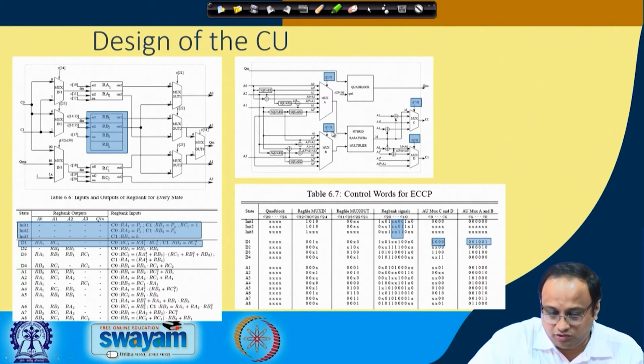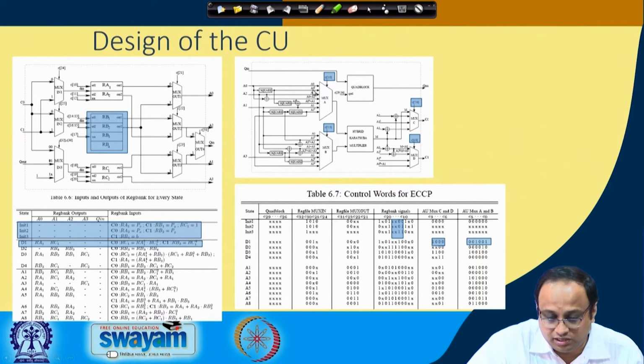Now you can see that what I want to multiply is RA1 square into RC1 square, and that is here essentially your A0 square and A1 square. Therefore the control logic here, that is mux A and mux B, their select lines are 0 0 1 and 0 0 1. 0 0 1 means the second line of the multiplexer inputs.